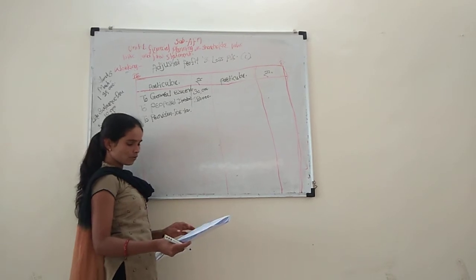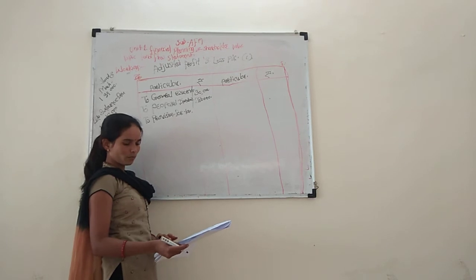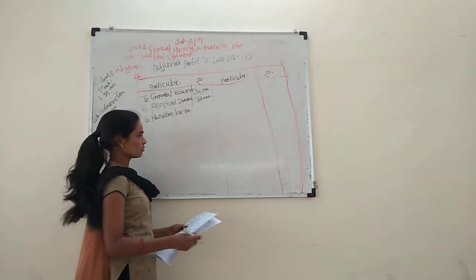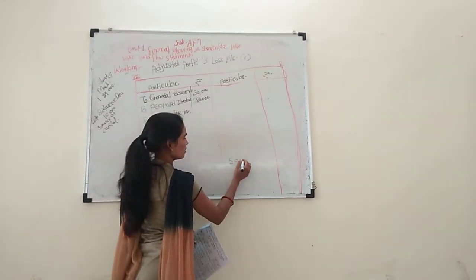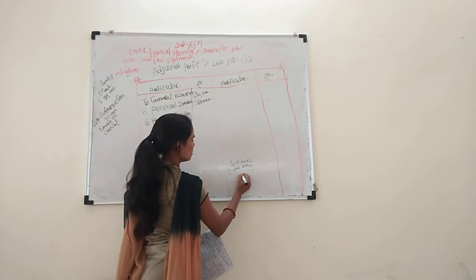Additional information: income tax of 35,000 has been paid in 2019. 50,000 minus 40,000 is equal to 10,000.